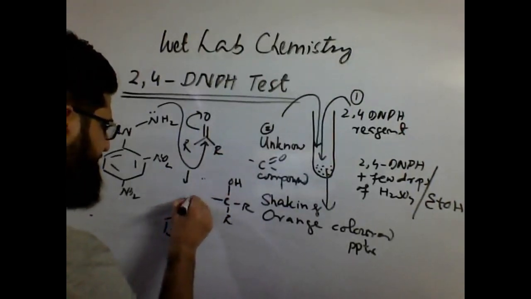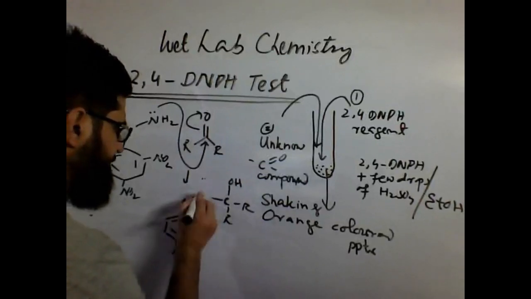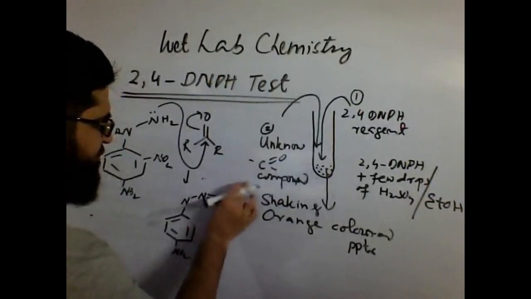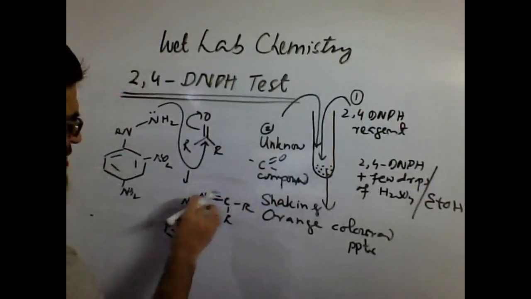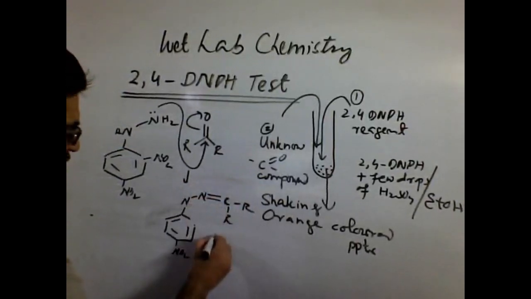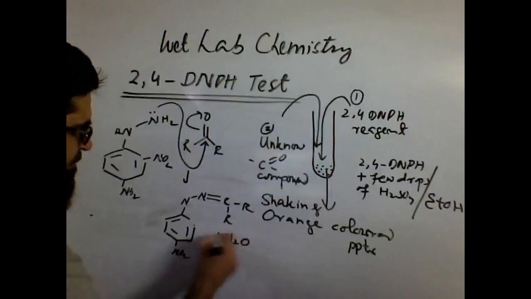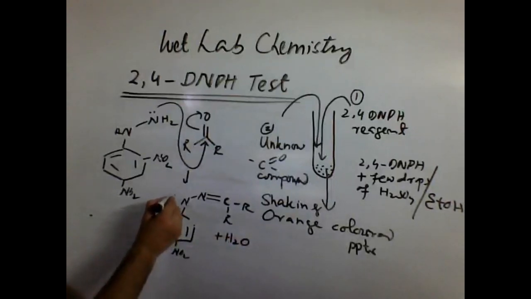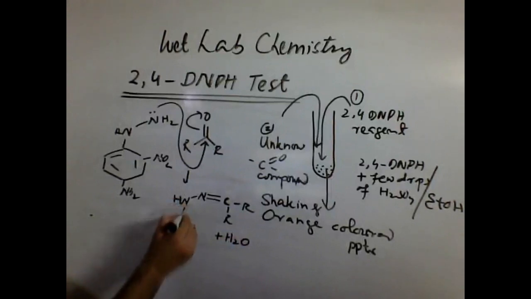So we will have a nitrogen over here, and we will get a double bond between nitrogen and this carbon, and the hydroxyl group, and H from the nitrogen will be removed in the form of water. Definitely this nitrogen carries its proton, no issues to it.